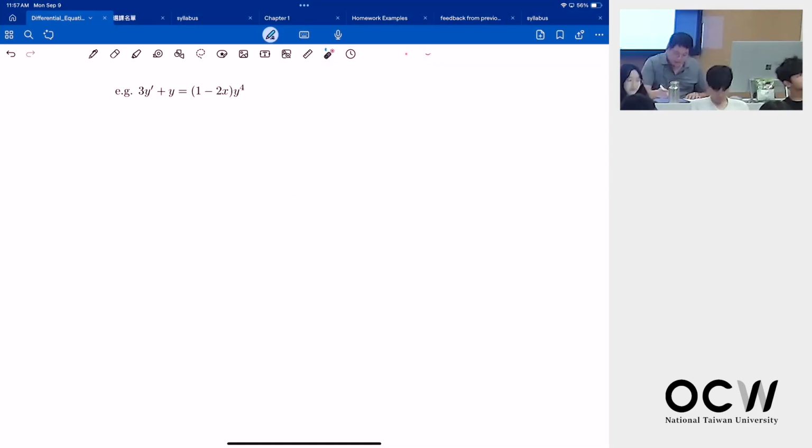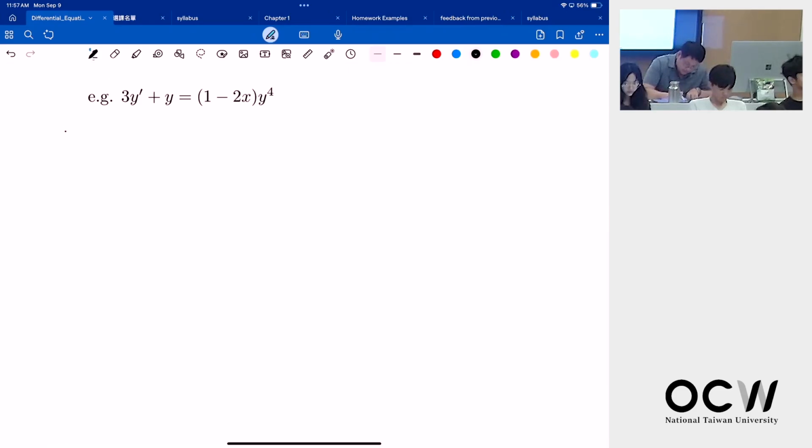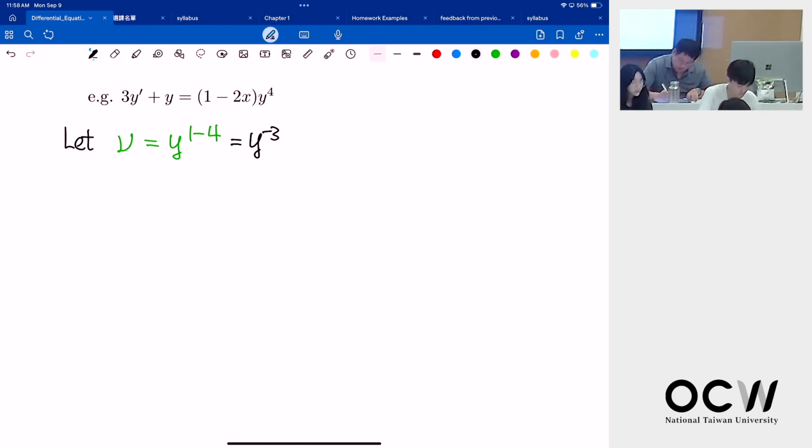So again, you can compare with the Bernoulli equation. You can see that the alpha is 4. Okay, in this case, alpha is 4. Then we just let our nu be y to the 1 minus 4. So changing variables, I will change y equal to nu to the minus 1/3.